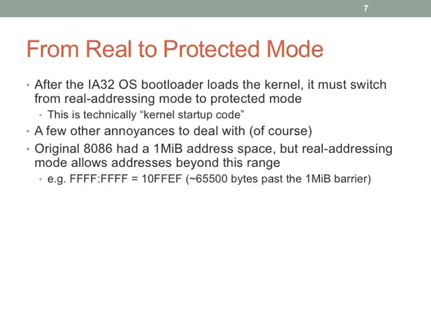But if you look at real addressing mode, you realize, hey, I actually could access past that 1 megabyte address range. For example, if you use FFFF, you can end up going a little bit under 64K past that 1 megabyte barrier. So if you have a system with 4 megabytes, then that's actually some space that you'd like to be able to utilize. So you start wanting to expand your address space.